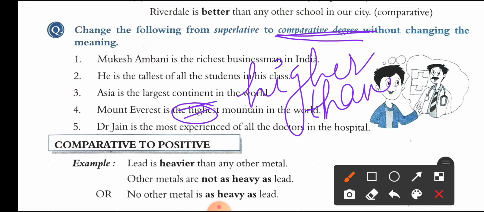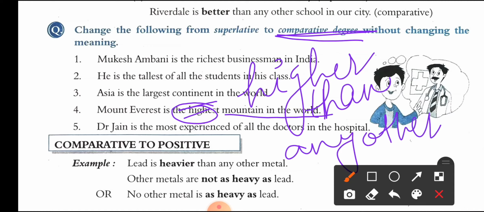Okay, so the answer here is, Mount Everest is higher than any other mountain in the world.